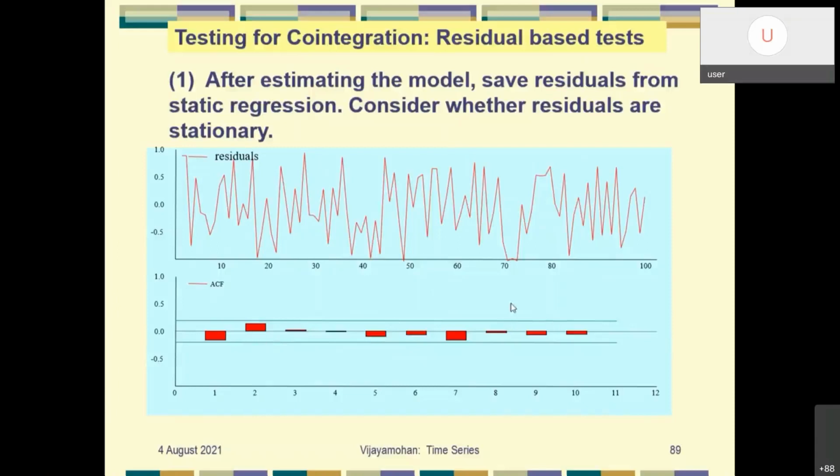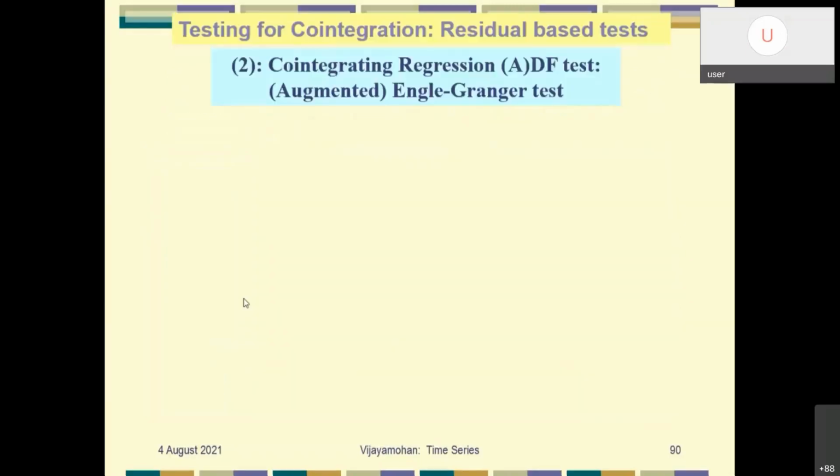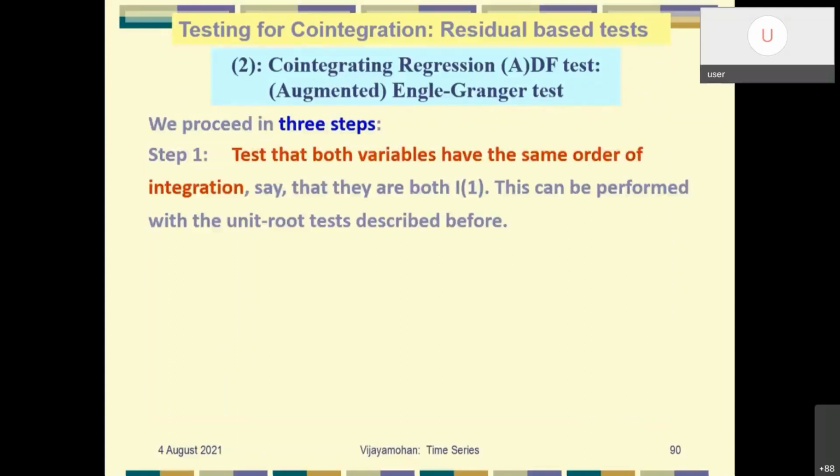And in this case, the residuals appear to be stationary because all the ACFs are within the 95% confidence interval. Both the correlogram and the plot show that the residuals are stationary. So that is the classical one.